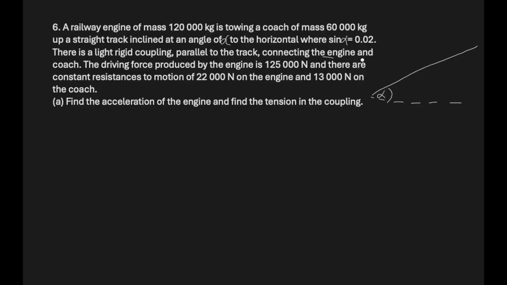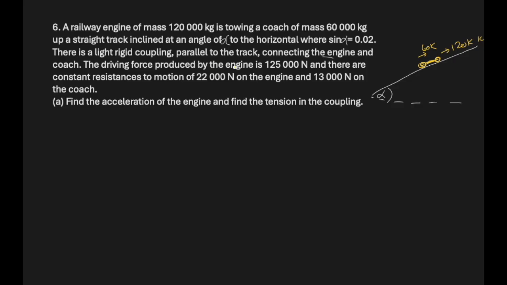They have given sine alpha also, so we don't have to bother what alpha is. So first the engine is there, then it is towing a coach. The mass of this one is 120 kg. This one is 60 kg. So total 180 kg is the mass of the two. Okay, there is a light rigid coupling, which is connecting them parallel to the track, connecting the engine and coach.